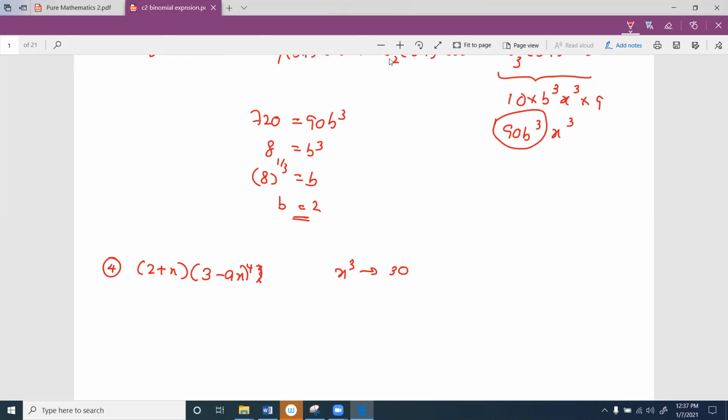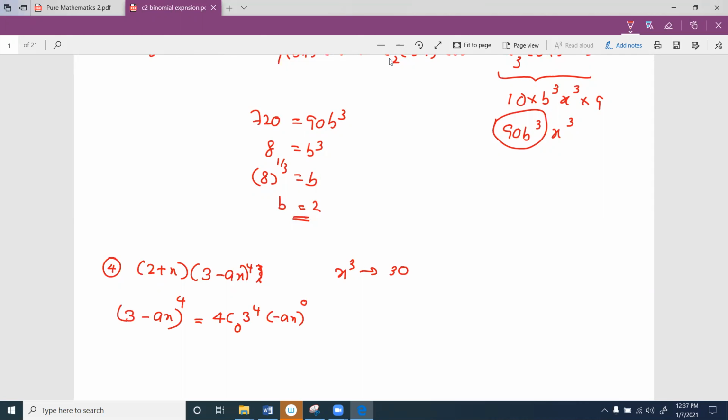Anyway, initially we need to expand this bracket, (3 minus ax) to the power 4. We have to expand it up to where? Up to x to the power 3, right? So we'll do it in ascending powers of x. 4C0, then you can write 3 to the power 4, minus ax. When you write it, you have to include the sign as well.